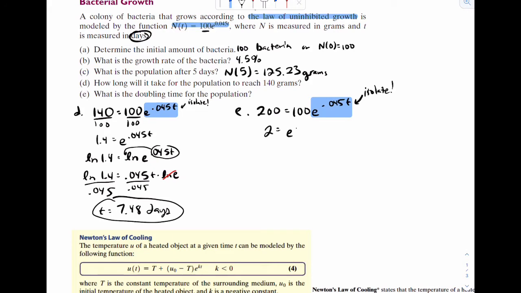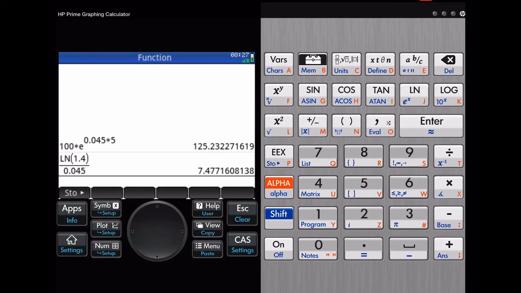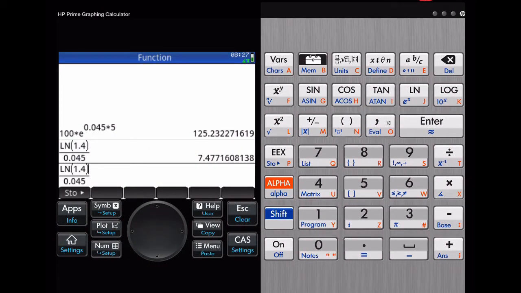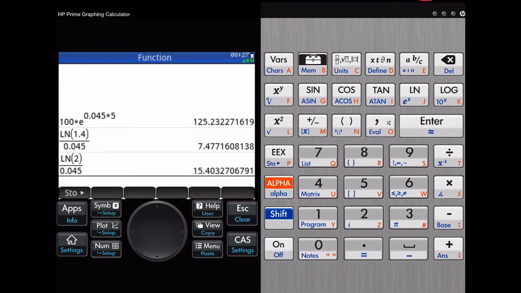So 2 equals e to the 0.045 t. Let's make it a little faster. Natural log 2 equals 0.045 t. So t must be natural log 2 over 0.045, which, plug in your calculator, let's see. 15.4 days.